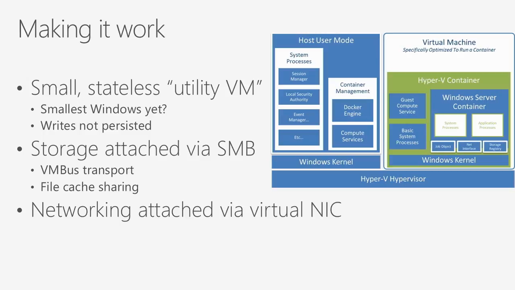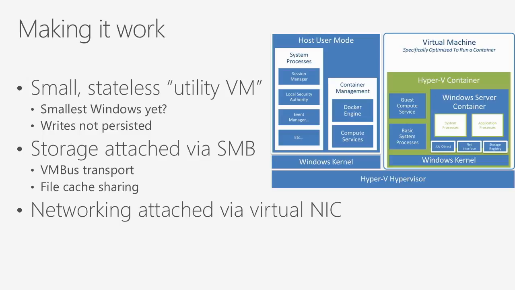Now, we did a bunch of work. We do have a version of Windows that runs in the container. We were hopeful that we'd made the smallest version of Windows yet, but we hadn't. We did some research, and the copy of Windows that runs inside a Hyper-V container is about 40 megabytes in size, but it's not actually the smallest one.